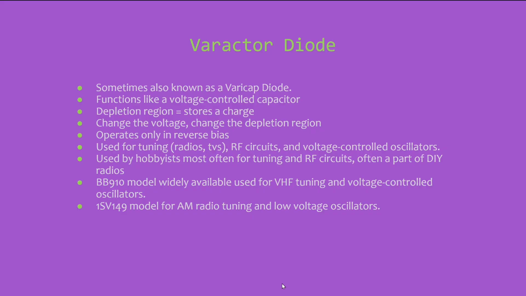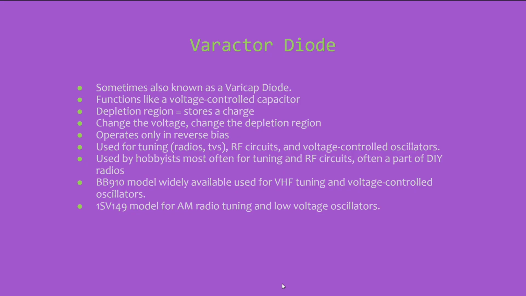And then we have a varactor diode. Sometimes it's called a varicap diode. It basically functions like a voltage controlled capacitor. The depletion region stores a charge. When you change the voltage, you change the depletion region. It operates only in reverse bias though, so it's used for tuning RF circuits, voltage controlled oscillators.